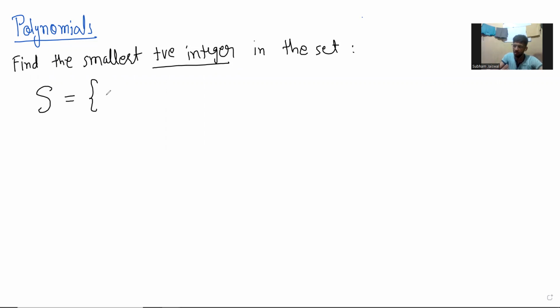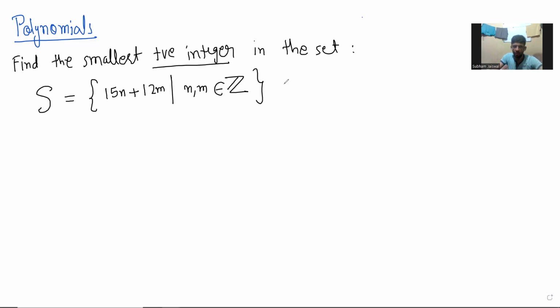So let's first fix two concrete numbers and try the problem. You can take 15 times n plus 12 times m, where n and m belong to integers.